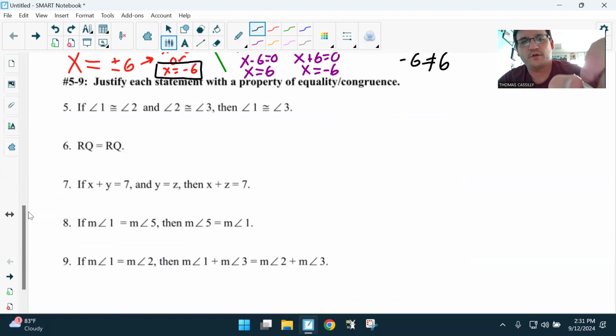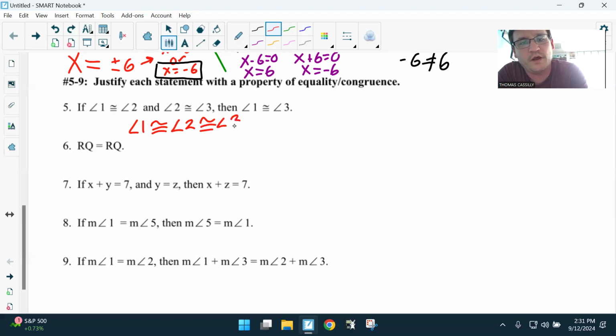Justify each statement with a property of equality or congruence. These are congruent symbols in here, so this is going to be a congruence theorem. If angle 1 is congruent to angle 2, and angle 2 is congruent to angle 3, then angle 1 is congruent to angle 3. I like to call this one the leapfrog property.